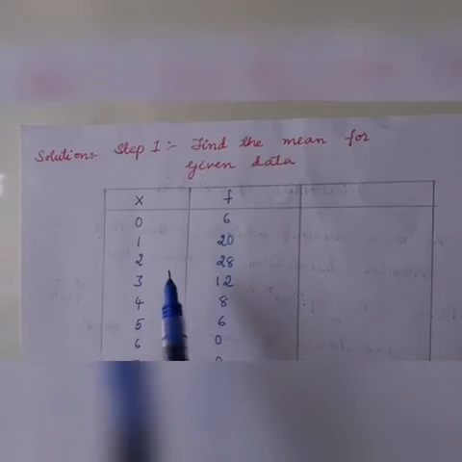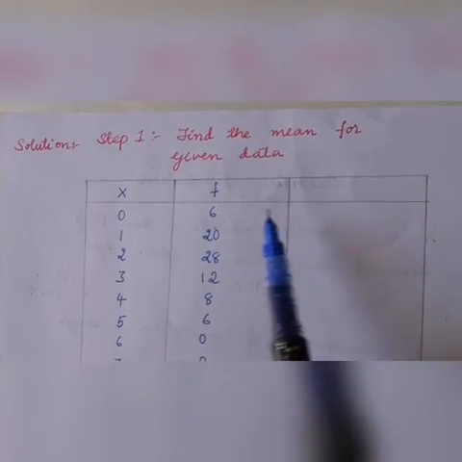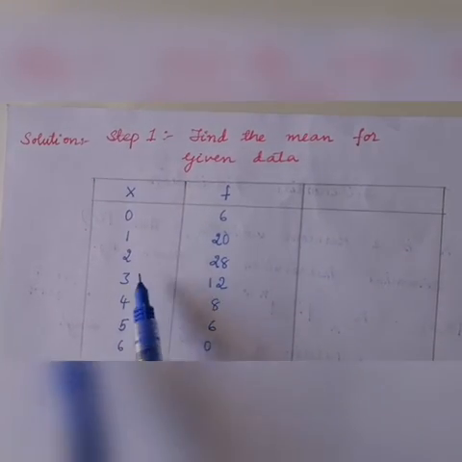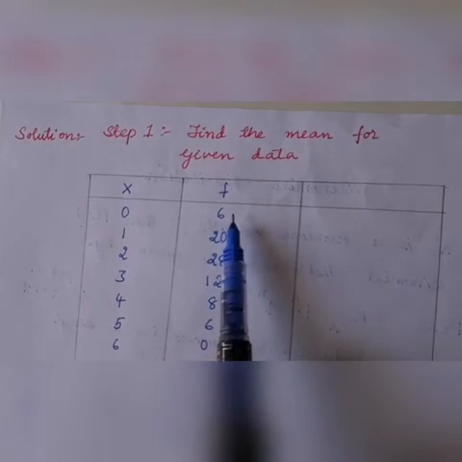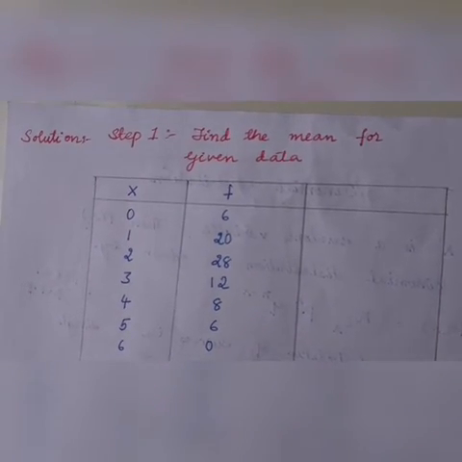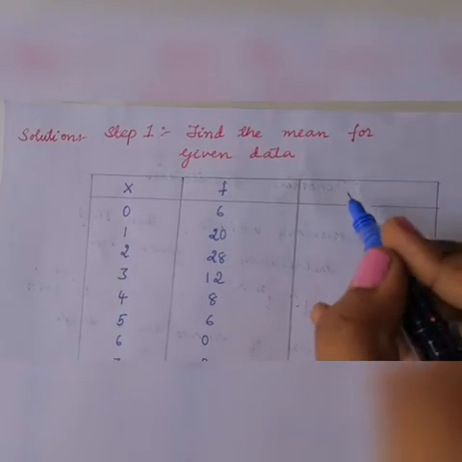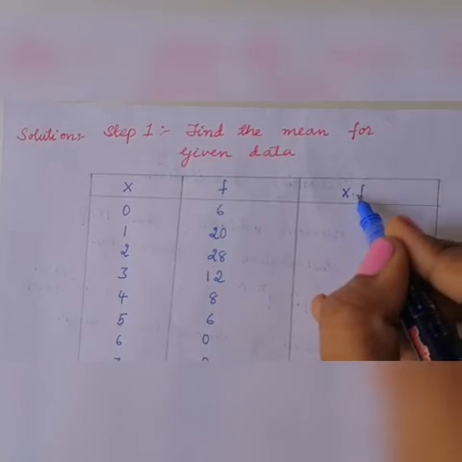Okay, so we have x values. Now the first step is to find the mean for the given data. We have x and we have frequencies. So do you remember how to find the mean? First we have to find f into x.